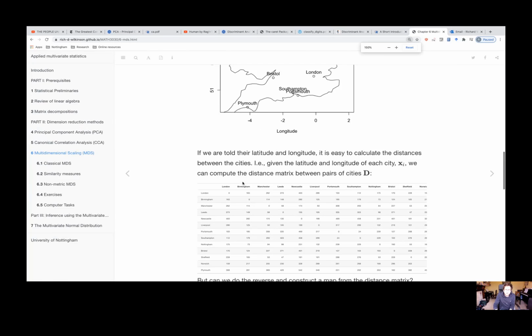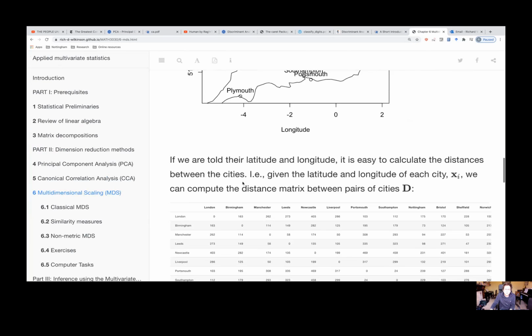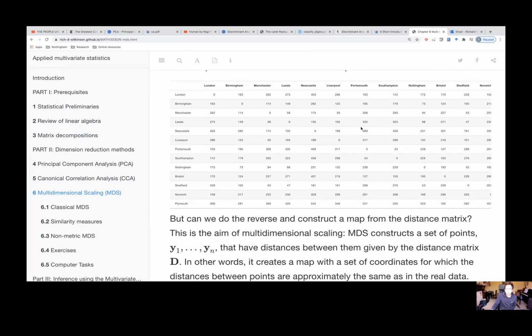This is probably a bit small for you to read, but we've got the distance between each pair of cities. So we only need a lower triangular matrix here or an upper triangular one, okay, as it's repeated information top and bottom. But for example, the distance between London and London is 0 kilometers, whereas the distance between London and Birmingham is 163 kilometers.